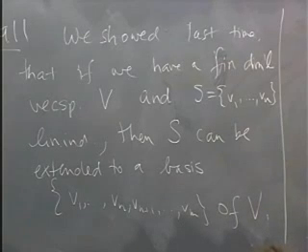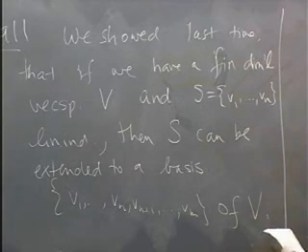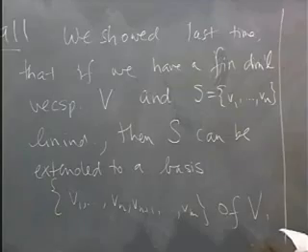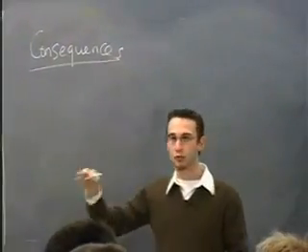So just to reinforce that idea, I'm going to look at some consequences of this particular result, some of which we saw last time in some form, others which are somewhat new. Let me just start by listing some consequences, and we'll run through briefly why those things are true.